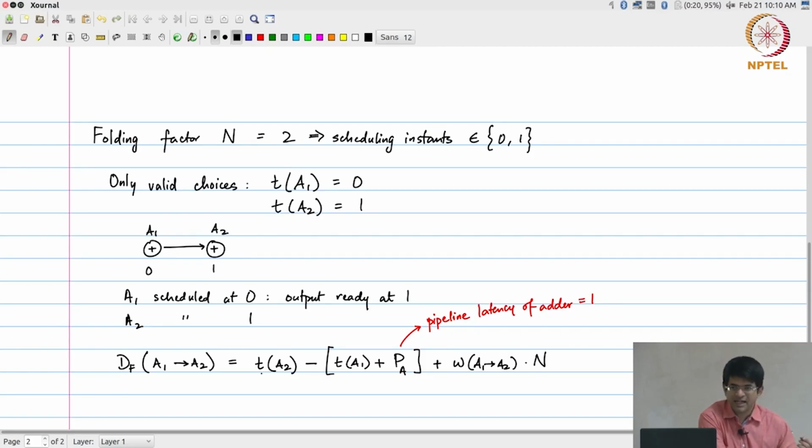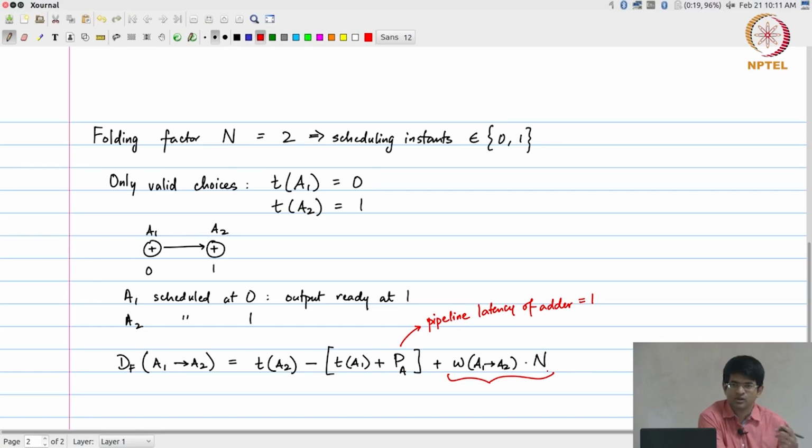The additional thing that I have over here is just this second part, which basically says, if there were token delays present on the A1 A2 edge, meaning that A2 depends on 1 iteration previous sample of A1, then I actually get some extra freedom. I can add W times N or 1 times N to this df value.